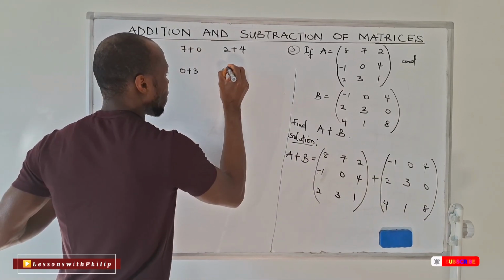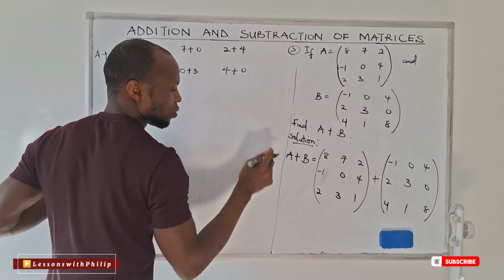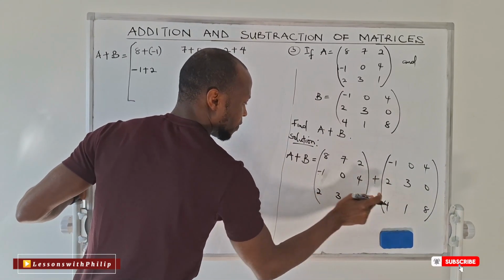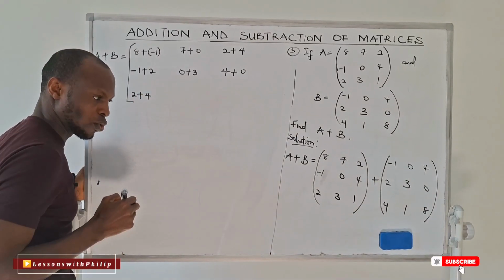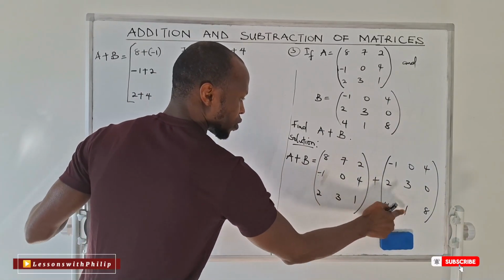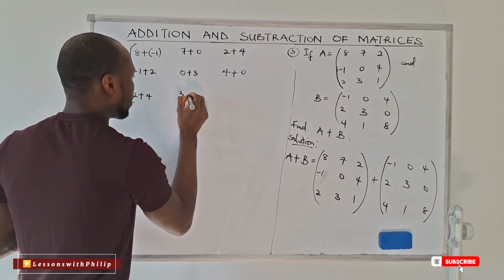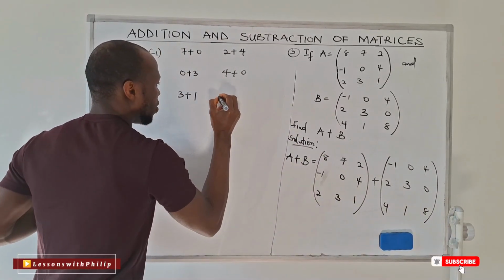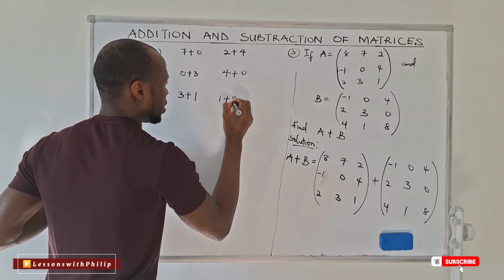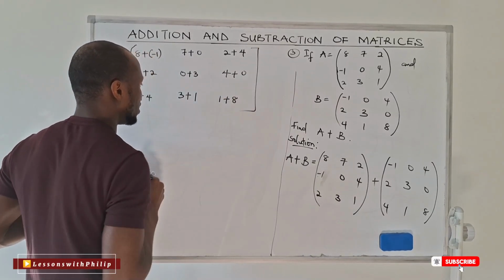We have 2 plus 4 for the third row: 3 plus 1, 1 plus 8. And that is the result.